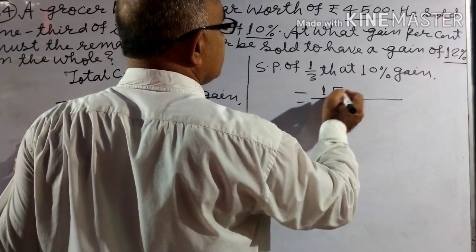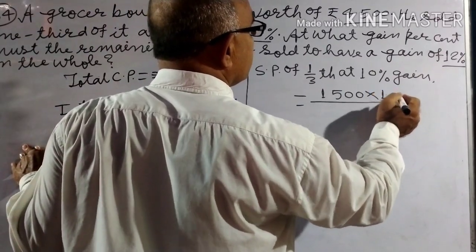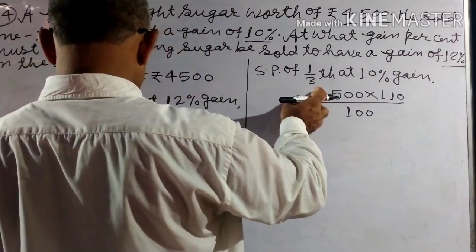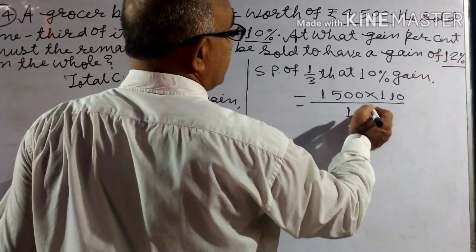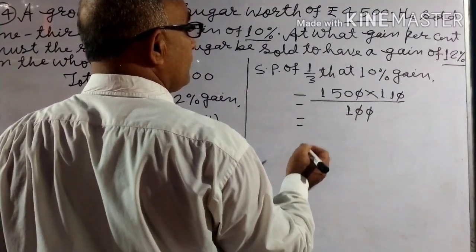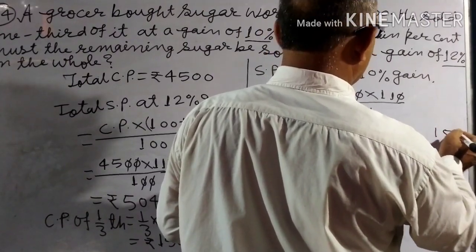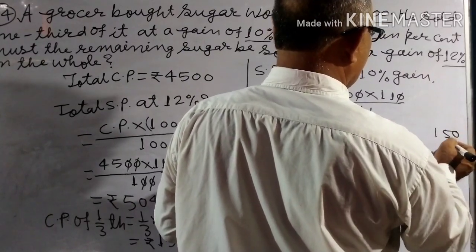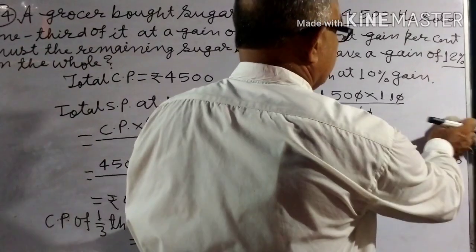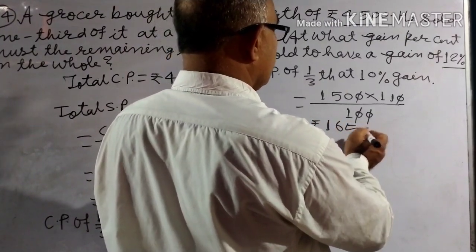So CP is 1,500 into 110 by 100. 110, 0 to 0, again 1 0 cancel, equals 1,000, multiply 150 into 110, 1650. So rupees 1,650.